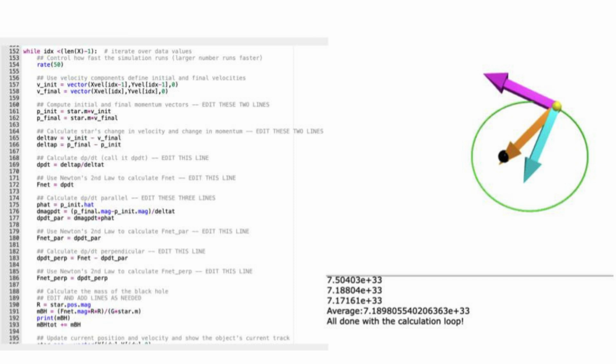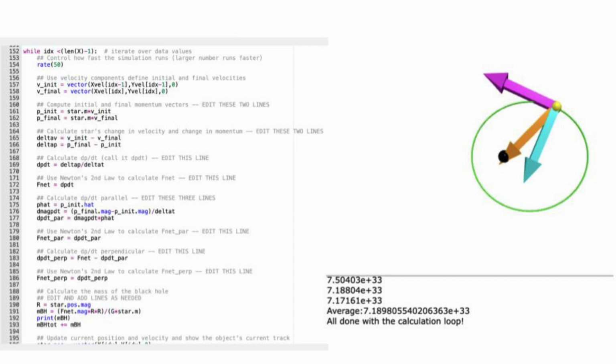I'm not going to list every single thing, but I will point out that Fnet parallel was equal to the dp/dt of parallel, which is equal to d|p|/dt times p hat. And then to find Fnet perpendicular, we just simply did Fnet minus Fnet parallel, because that's an equation that was given.